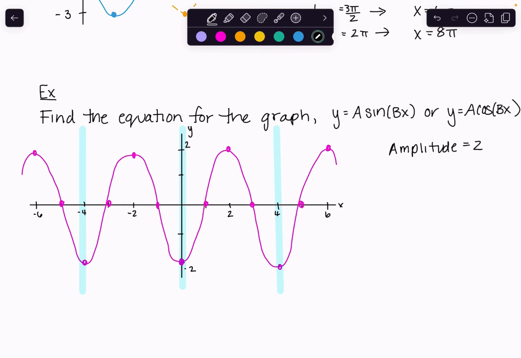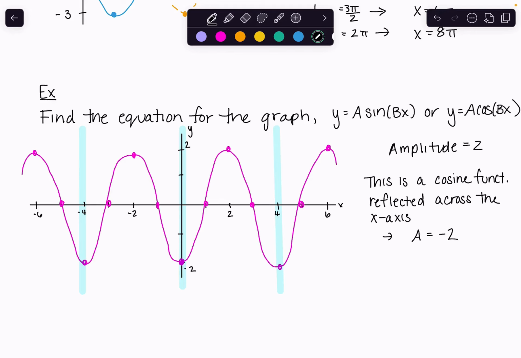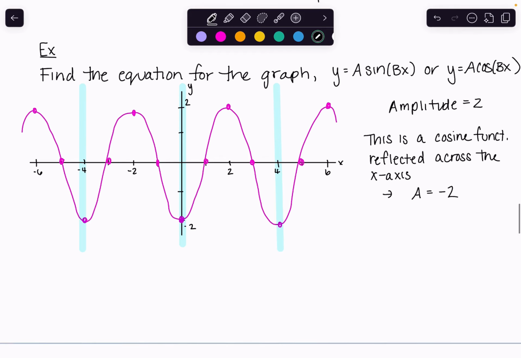So this is a cosine function reflected across the x-axis. So that tells me my value of A is going to be -2 to get that reflection, right?